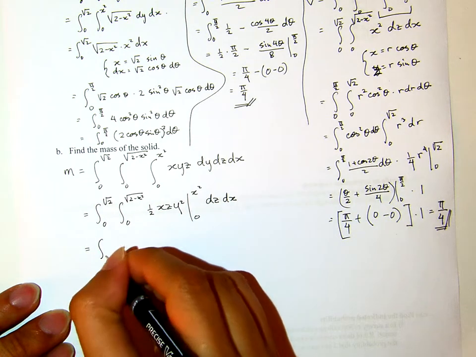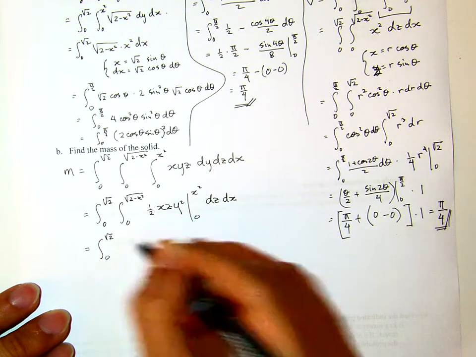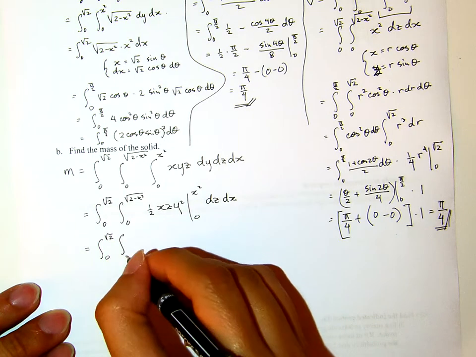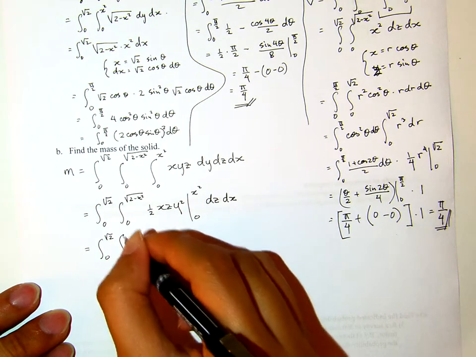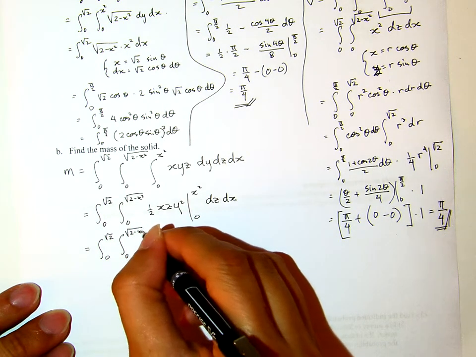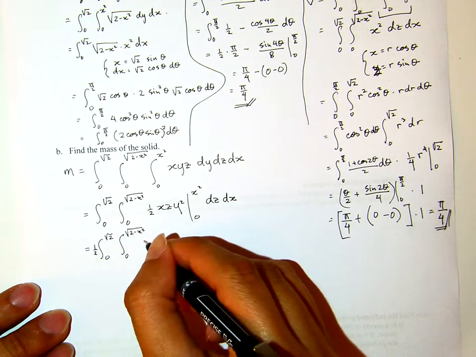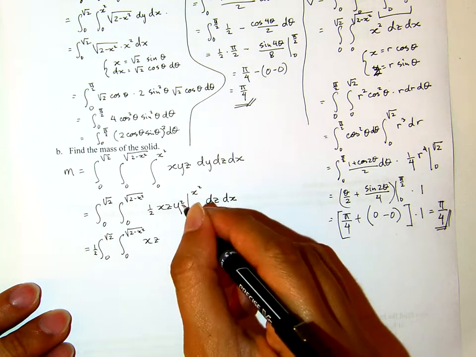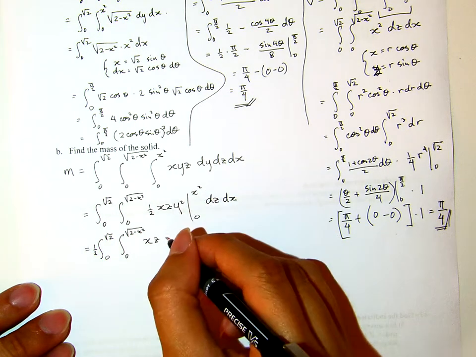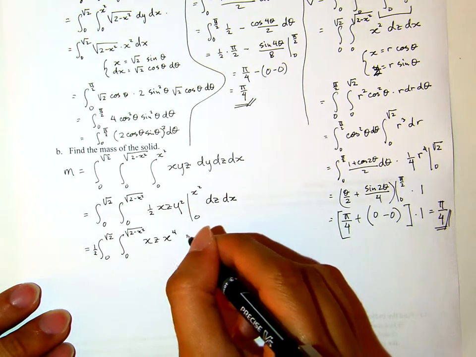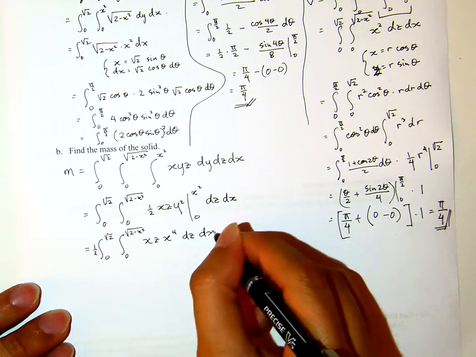This equals the integral from 0 to radical 2, integral from 0 to square root of 2 minus x squared, then you pull the 1/2 out, and xz, y replaced by x squared, so y squared will be x to the 4th, dz dx.